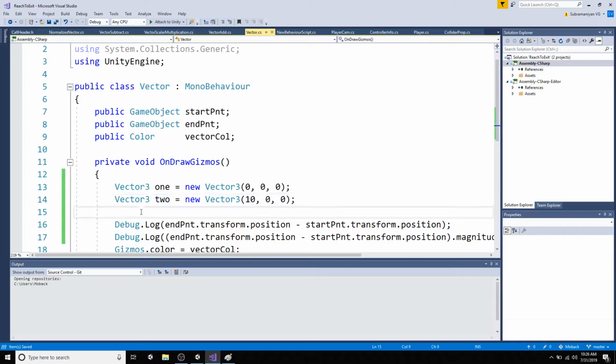Now if you want to add the two vectors, you can do 1 plus 2. This will give you the resultant vector, and you can store it in 2. Similarly, if you want to subtract one vector from another vector, you can use the basic arithmetic symbol minus, and you can store the resultant vector over here.